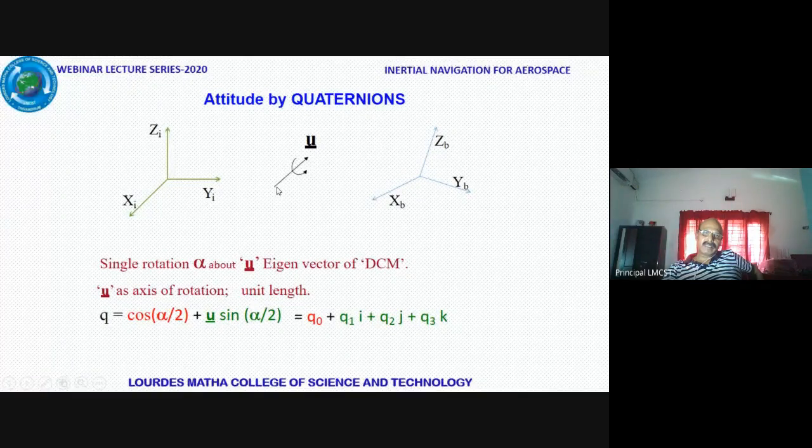That eigenvector, I take it to reduce its magnitude, maybe unity or lower. The direction remains the same. Use this eigenvector as the axis of rotation about which the first frame is rotated by an angle alpha, and then this frame will align exactly with this frame. This is what the quaternion says. Okay. If somebody wants me to repeat, I'll repeat.